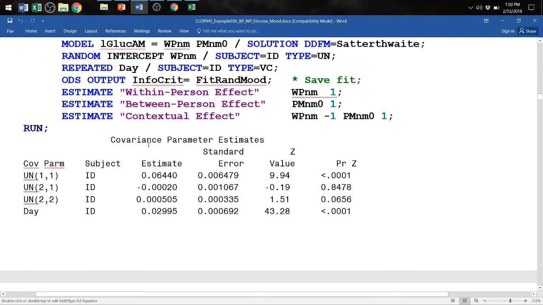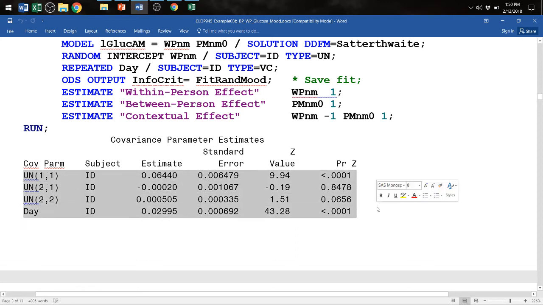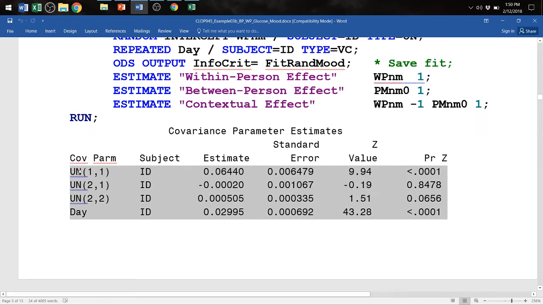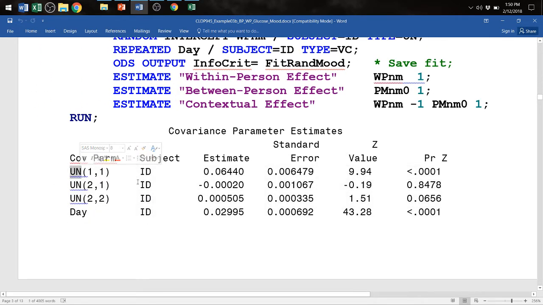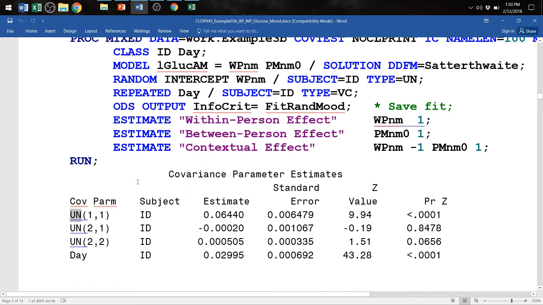And here are my covariance parameters. Do you guys remember how to interpret the UNs here? What does UN stand for? Unstructured. It's referring to the places in the G matrix. So G matrix, level 2, random stuff. On the random line we have intercept, and then we have the slope for within person negative mood. So UN11 is the first term in the G matrix, row 1, column 1.